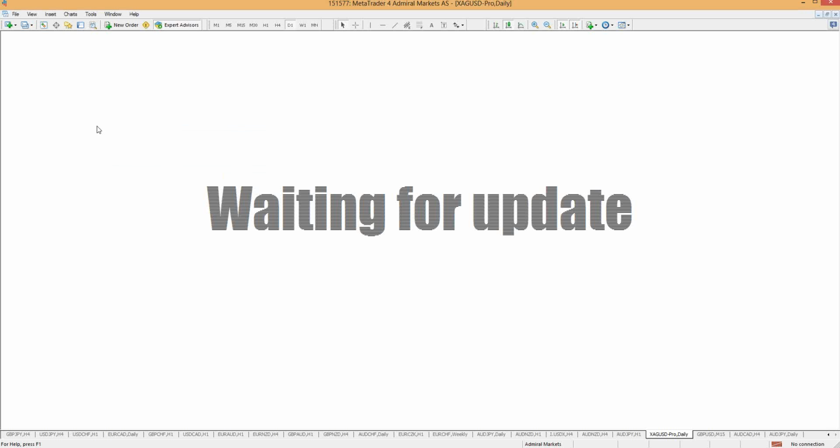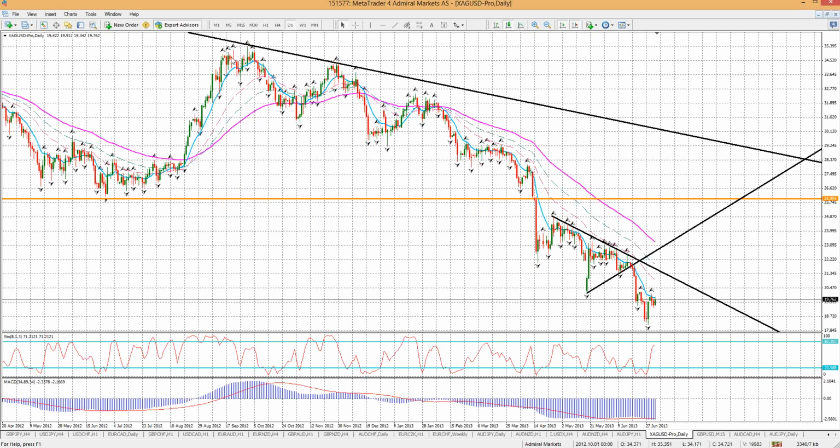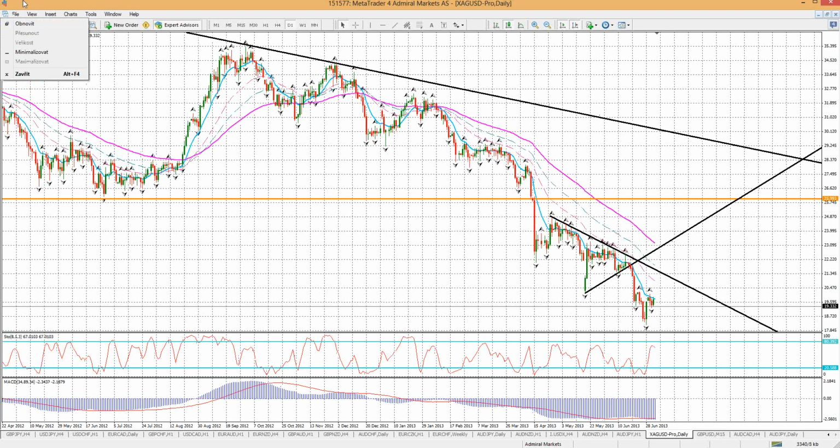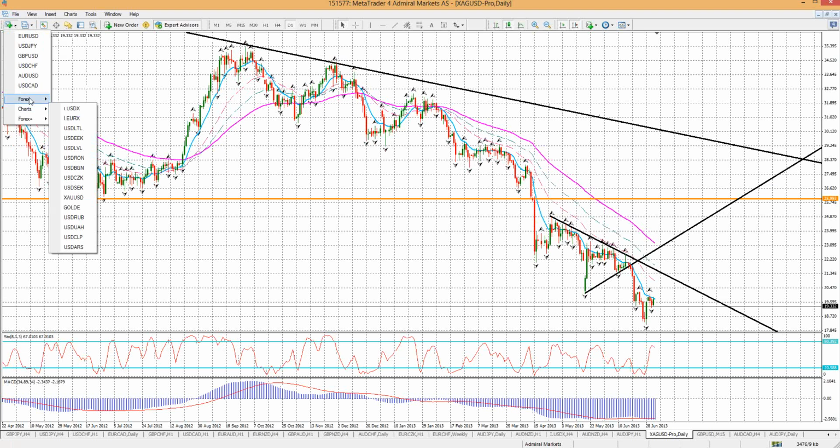I'll just log into my live account in the meantime, just in case I want to take a trade. Then it's already prepared. I will also open gold because the previous one wasn't working.